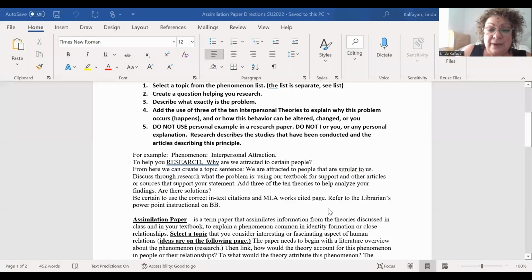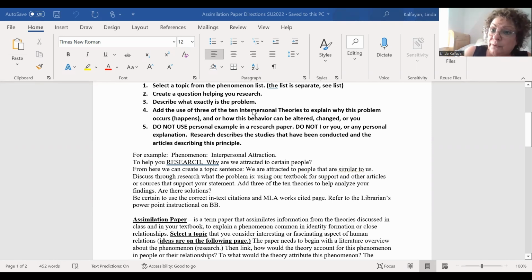And then when you think about your paper, if you're talking about 3 of the 10 interpersonal theories, it's a 4 to 5 page paper, you can generally think of 3 pages, 1 page for each of the theories. So that gives you some guideline as to the length.